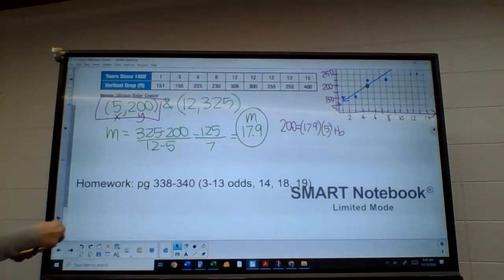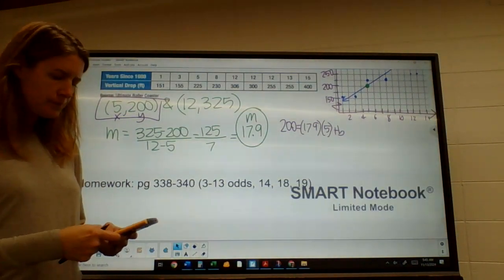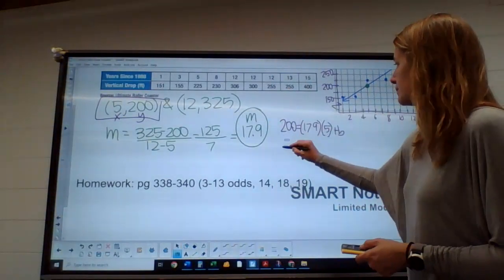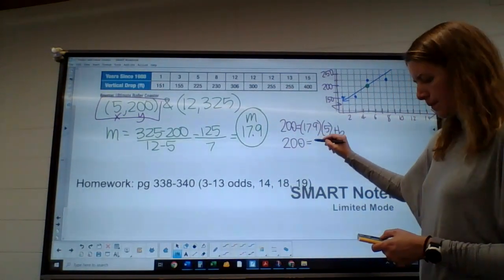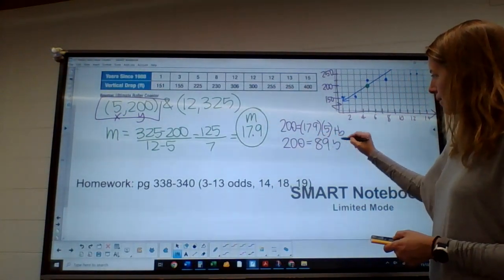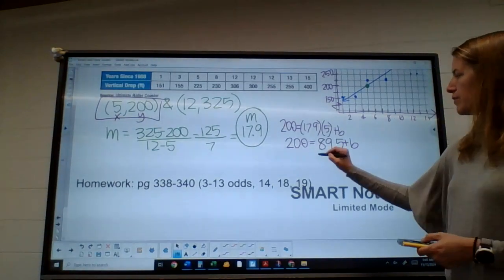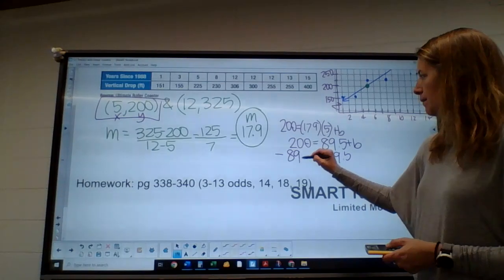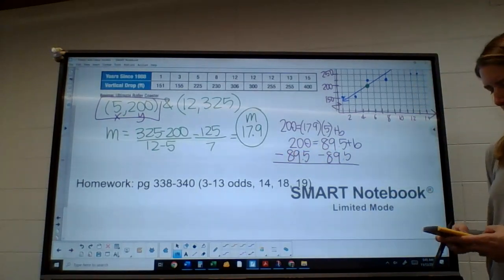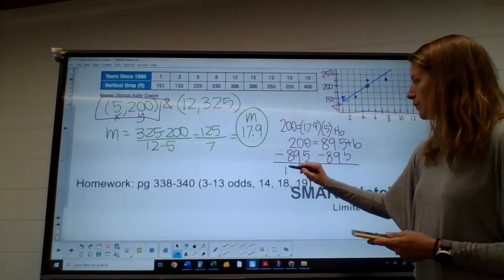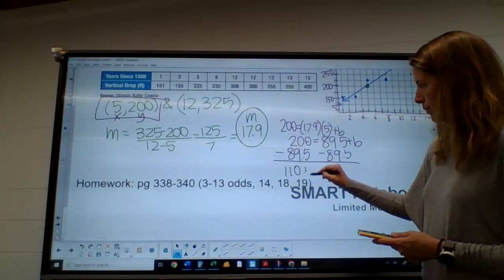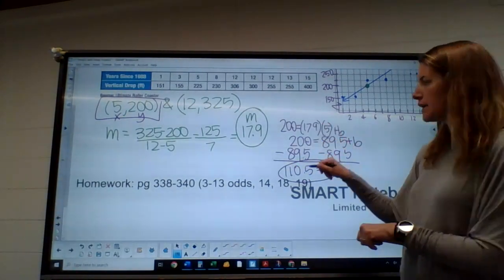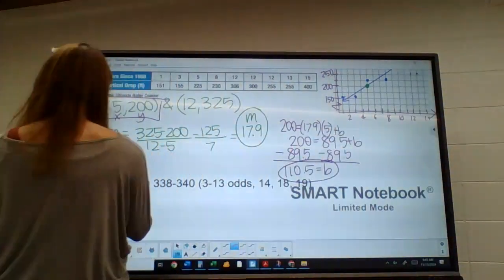We're using that to find b. I'm going to move the 89.5 over. So there's our b value. Once we have that, then we're going to take m and b and put it back into our equation.